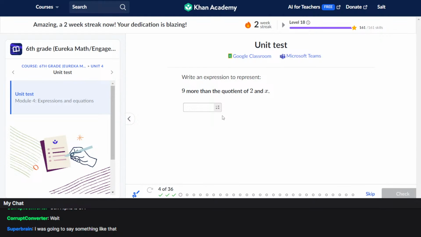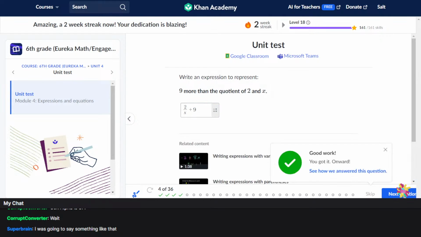What an expression to represent 9 minus the quotient of 2x. This is cute. I love how all these questions are like preparation for algebra, like algebra-y things.